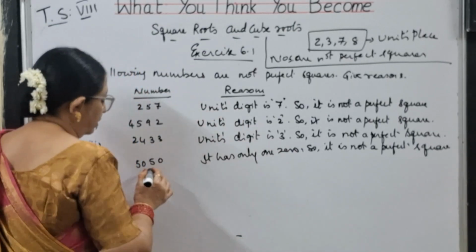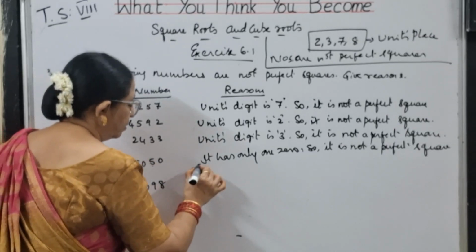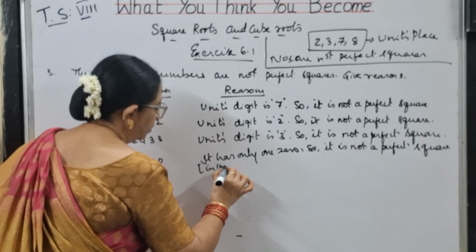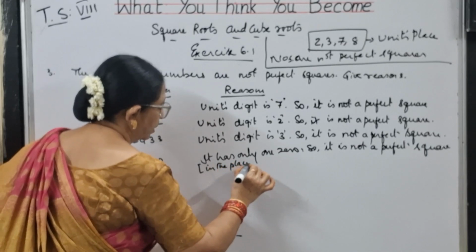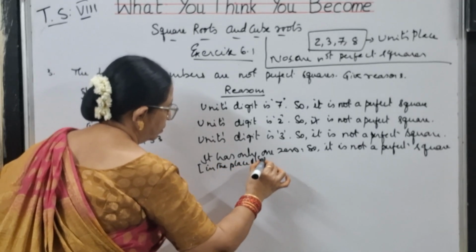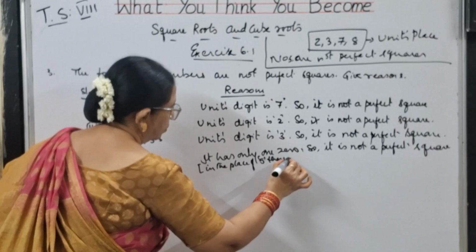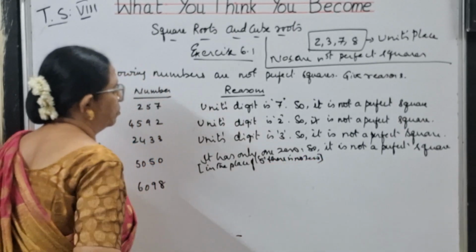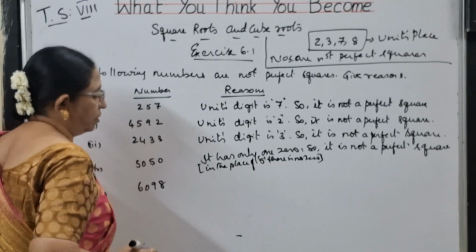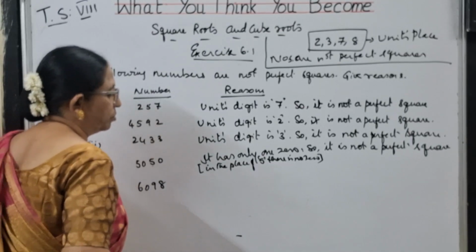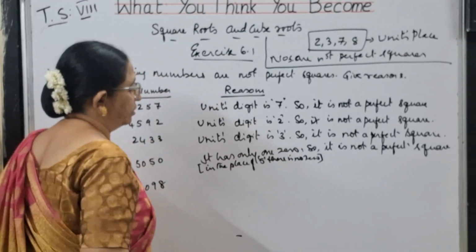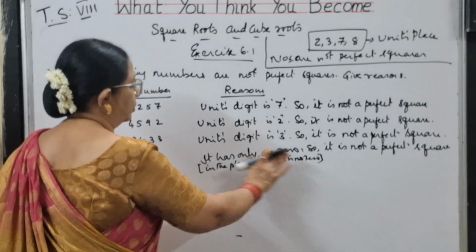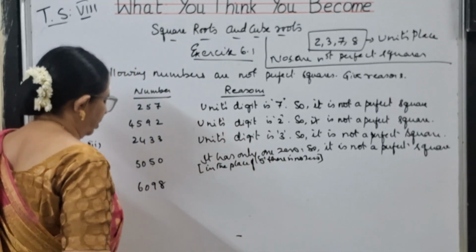So what am I saying? In the place of 5, there is no 0. So that is the meaning of it. Here also, if you have 0, we can think about it, but there is no 0 over there. Units place has got only 1 0, so it is not a perfect square.